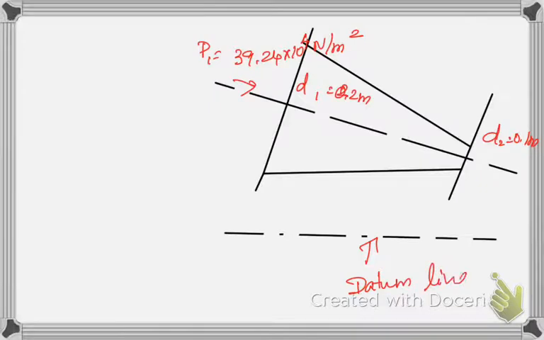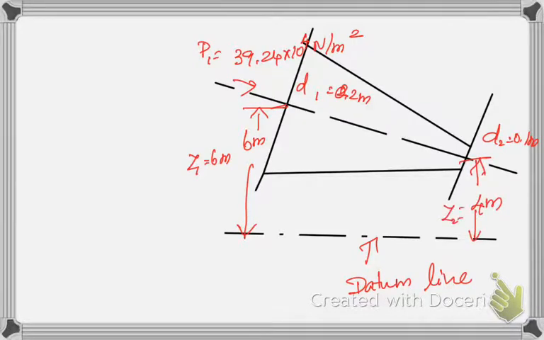If this is a datum line, then my Z1 is equal to 6 meter, and similarly this value will be my Z2 value, 4 meter. So drawing a diagram is much more important.